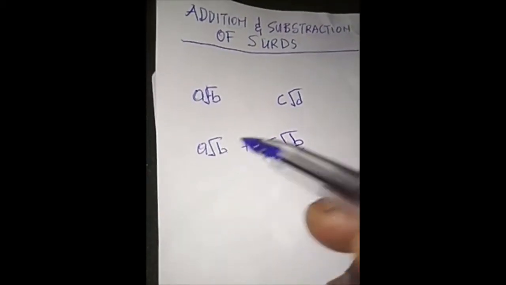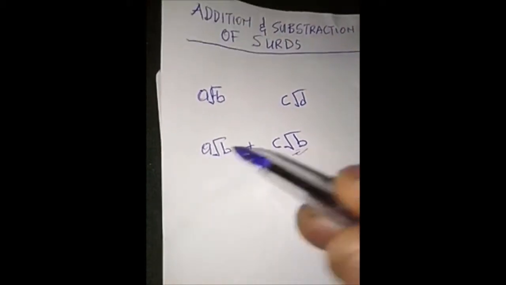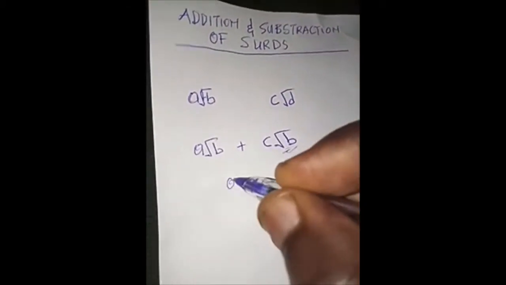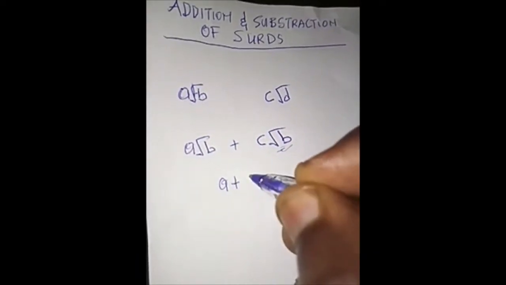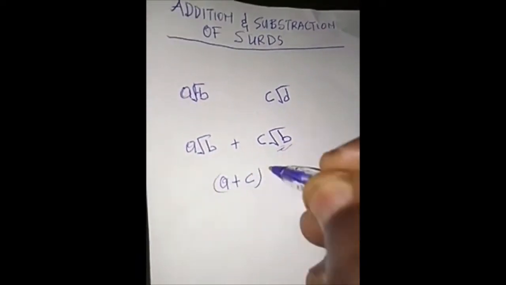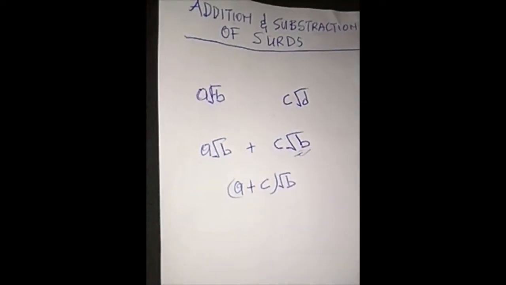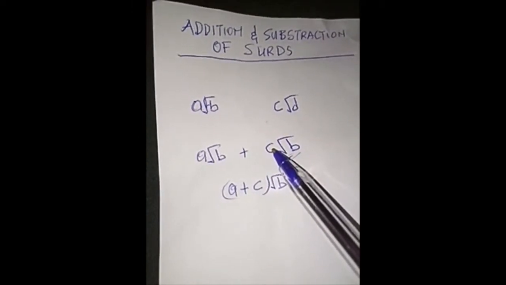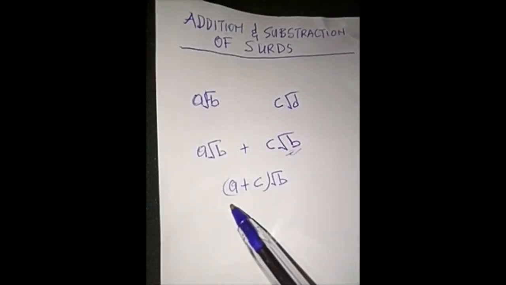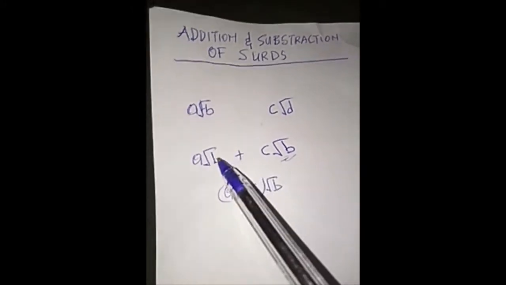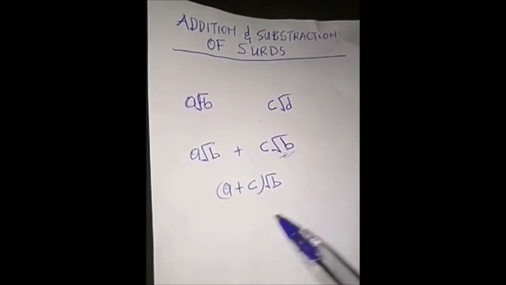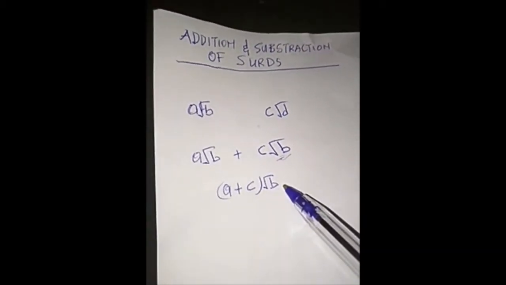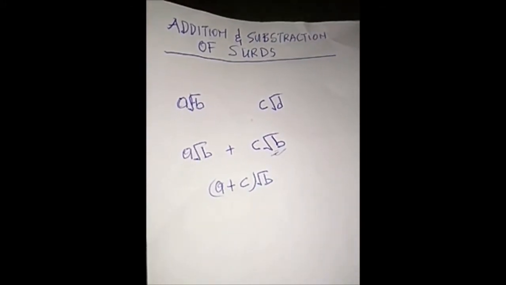Then the only thing I need is to add the coefficients, the c and the a, to have a plus c, or root of b. I will just add a and c together, and take one of the b and multiply it to it. This is like I factorize the b out. So when I add this and bring the root of b, I'm done with it. I hope it makes sense.